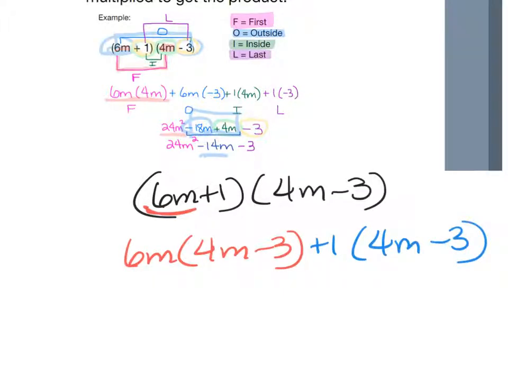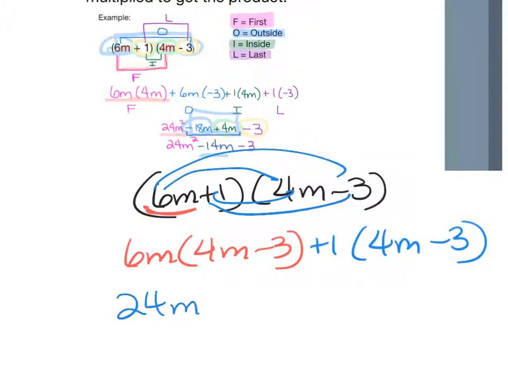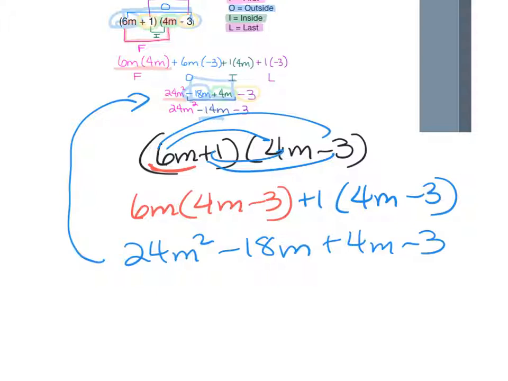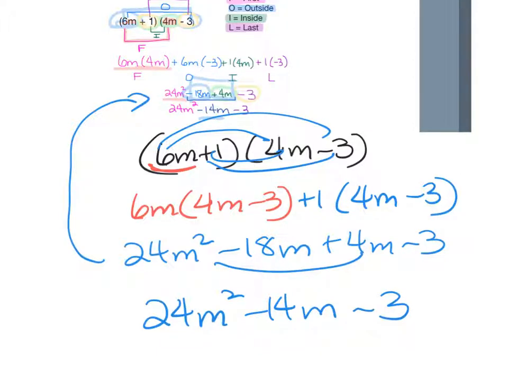You can also think of it that way, or just distribute. So then 24m squared minus 18m plus 4m minus 3. Notice I got the exact same thing just by doing distributive property as when I use that little memory aid of FOIL. Combine those middle ones, and you get negative 14m minus 3.